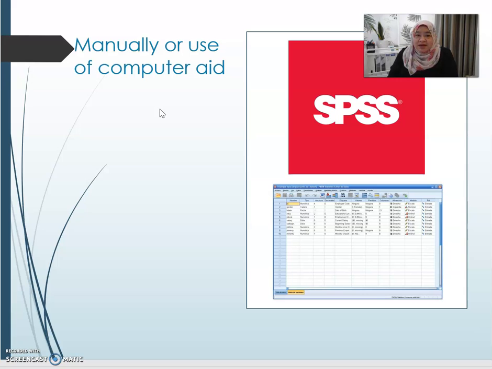It will ease the process and shorten the time in producing the data. But bear in mind, the researcher needs to interpret the data carefully and correctly in order to get a good result for your data analysis.